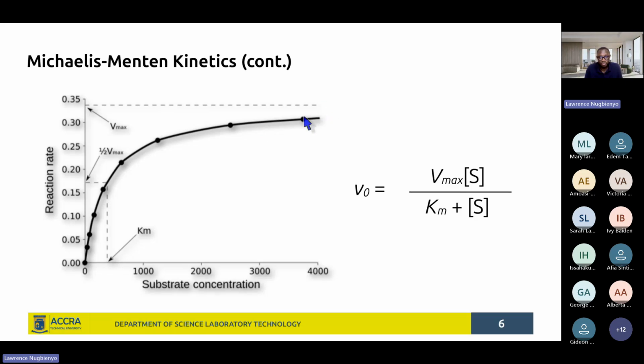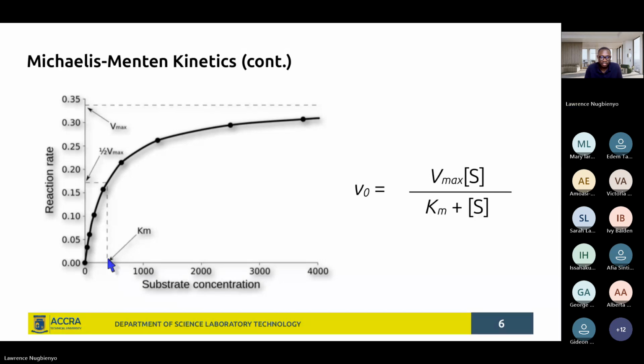We saw this saturation curve already. And so you have a maximum rate of the reaction over there. To reach half of that, you need a certain concentration of the substrate.